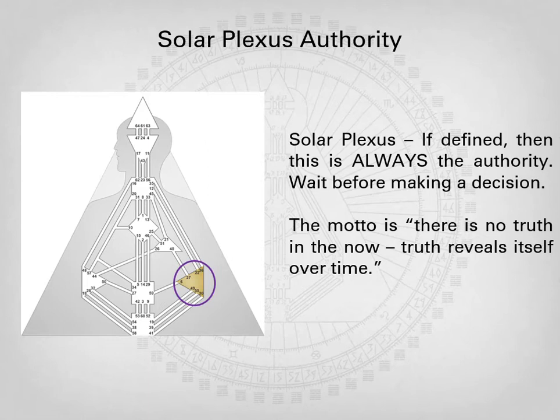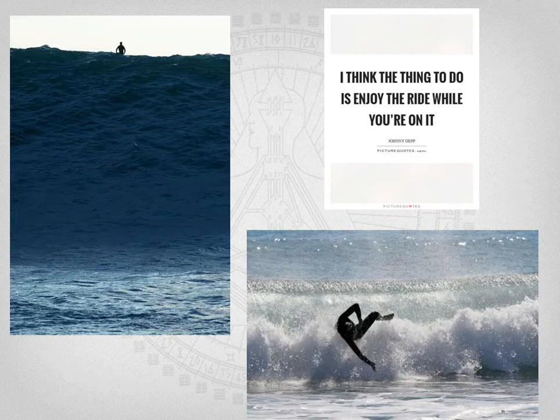Your clarity comes only over time, and it is never 100% clear because the wave is always moving. But you learn that making decisions from the top of the wave, where everything is bright and fun and amazing, is just as damaging as making decisions from the low point on the wave, where everything is dark and depressing and crap.